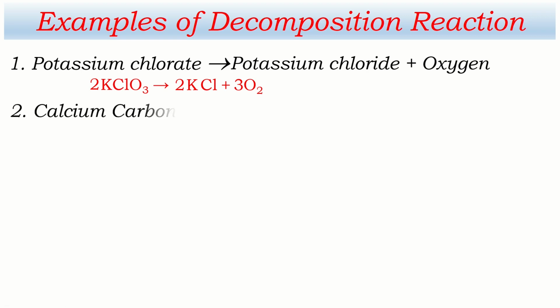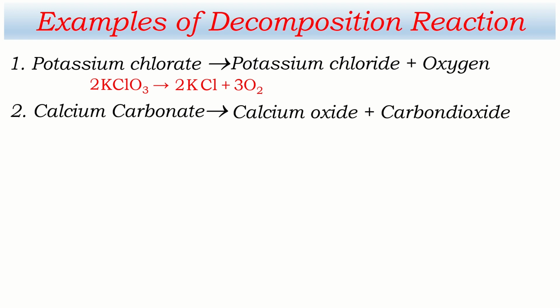Let's take another example. Calcium carbonate. When calcium carbonate is heated at high temperature, it decomposes into calcium oxide and carbon dioxide. Not only calcium carbonate, any metallic carbonate, whenever heated at high temperature, decomposes to form metallic oxide and carbon dioxide.